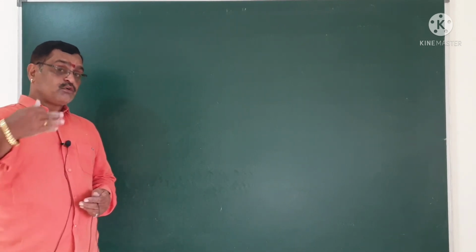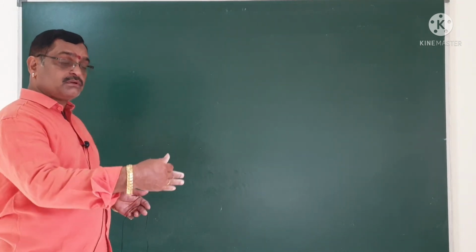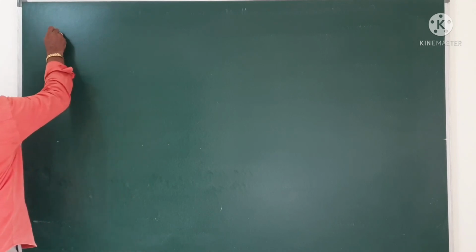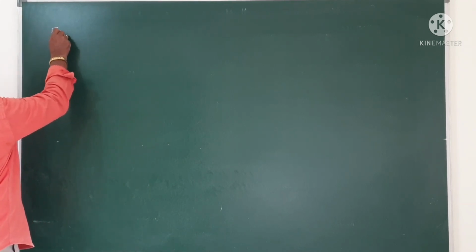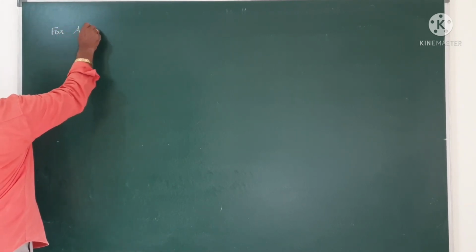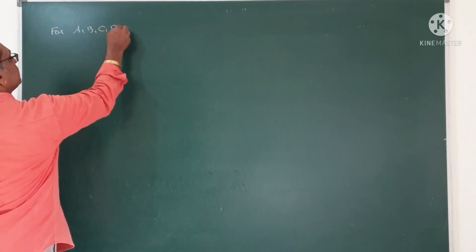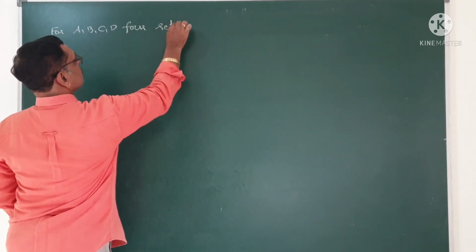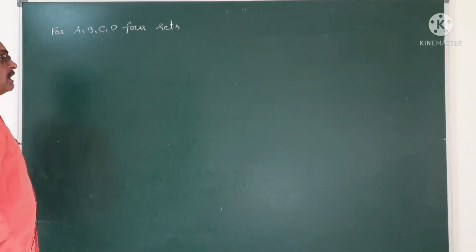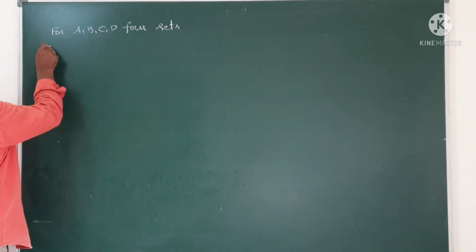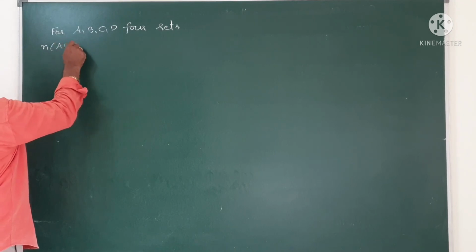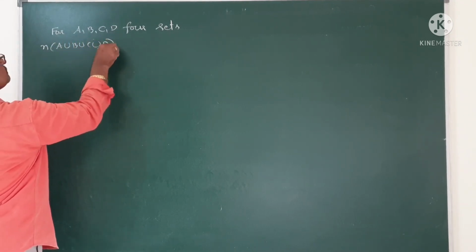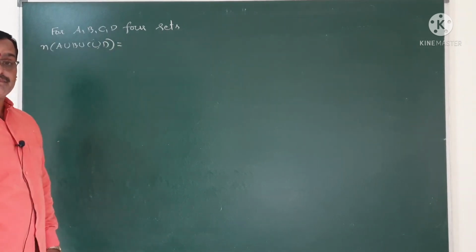So in the case of 4 sets, how does the statement go? How to find the number of elements in 4 sets A, B, C, D. I want to find the number of elements in A union B union C union D, 4 at a time.